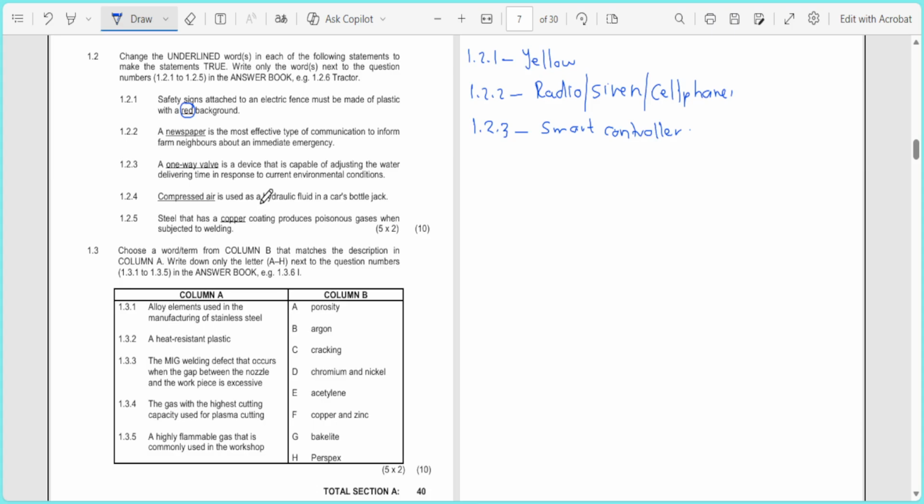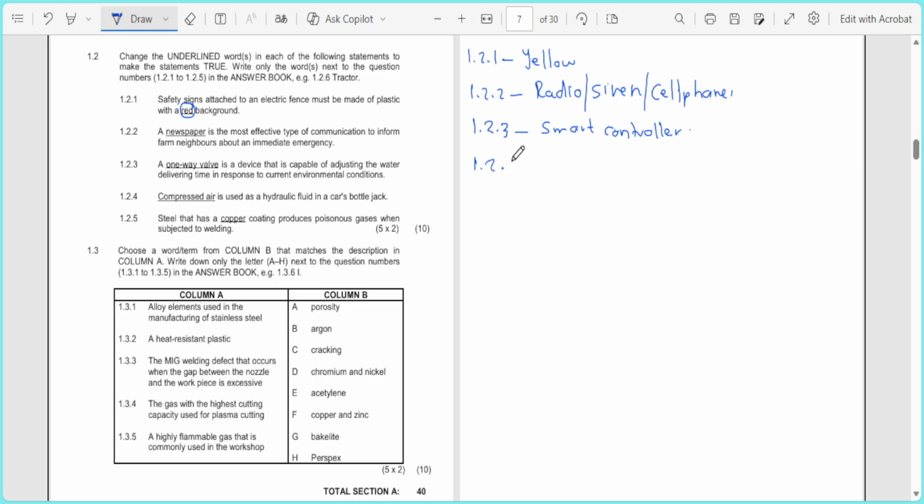Thinking about it, a one-way valve only allows flow in one direction, so it cannot adjust timing or respond to conditions in an effective way. So I think a smart controller is going to do a better job. So the answer for 1.2.3 should be a smart controller.